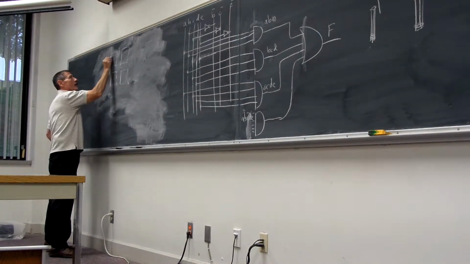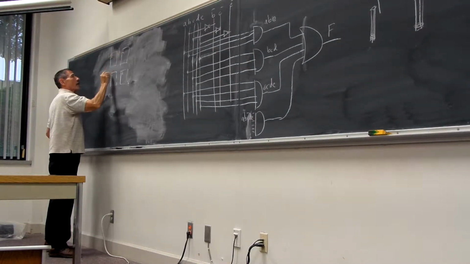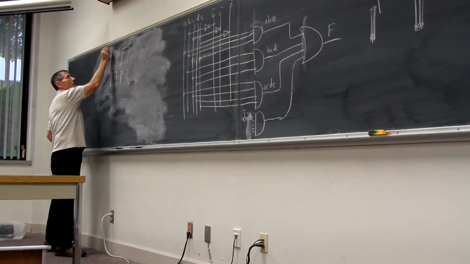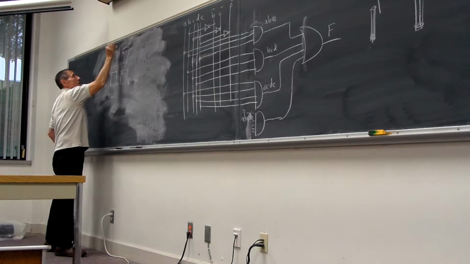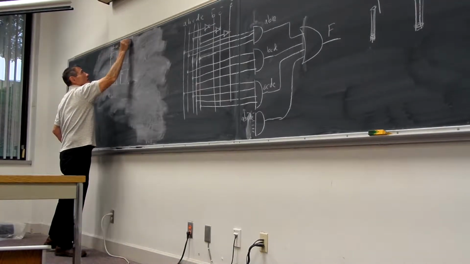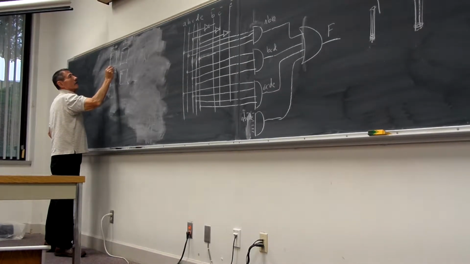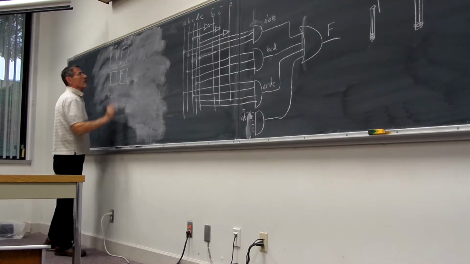So in this cell here, along here is A, B, C, and D. This would be E, F equals 0, 0, E, F equals 0, 1, E, F equals 1, 0, and E, F equals 1, 1.